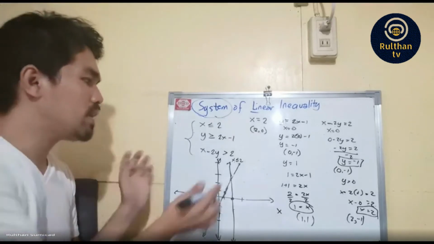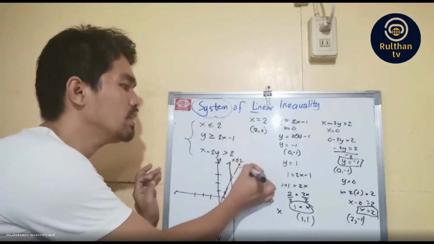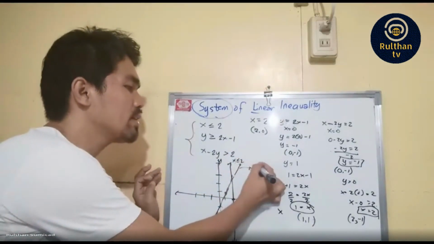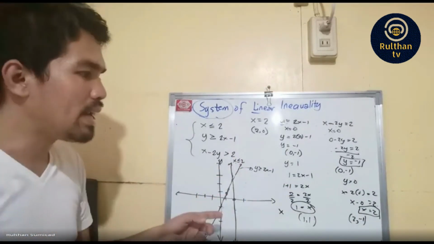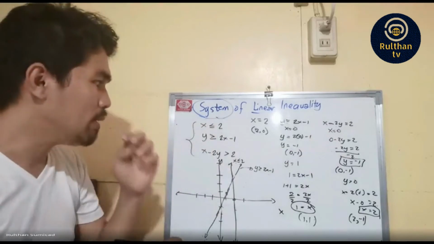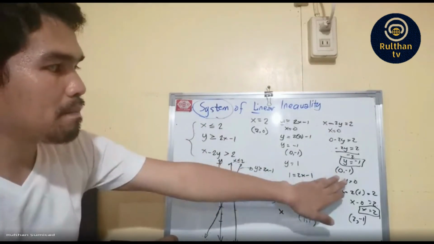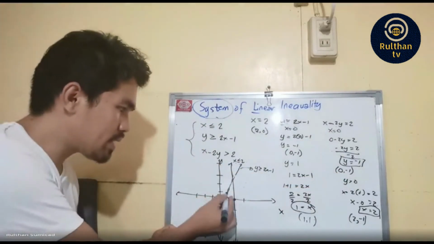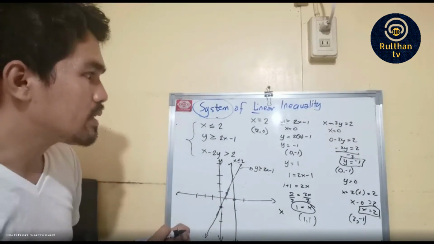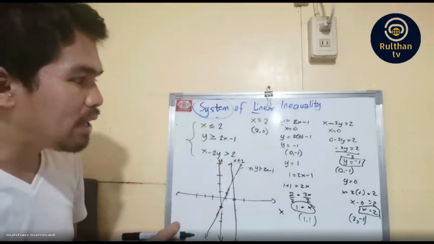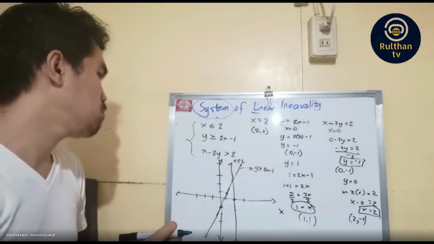Okay, so I have now this line, y greater than or equal to 2x minus 1. After this one, I'll have to grab the last one. So that is going to be 0, negative 1, this coordinate. Then followed by 2, negative 1.